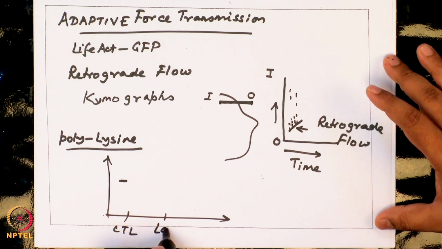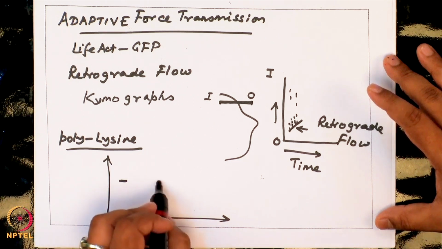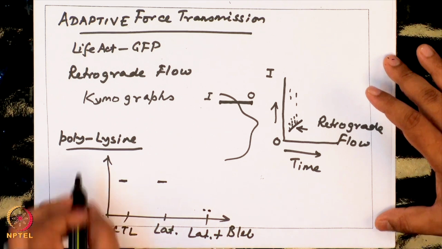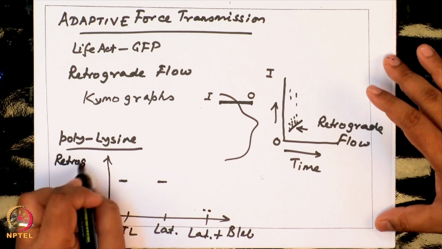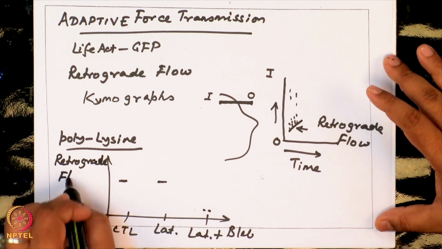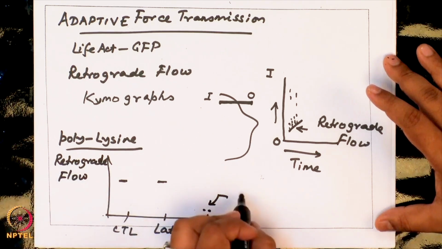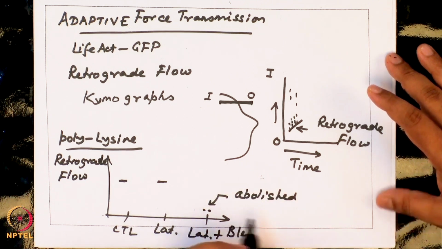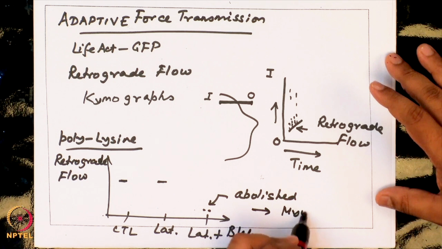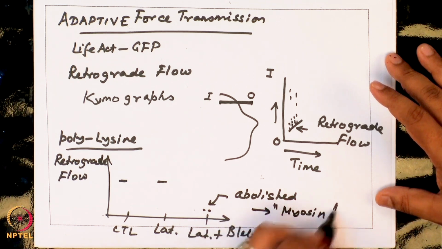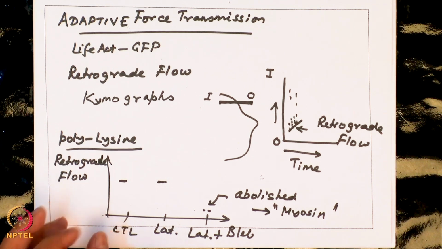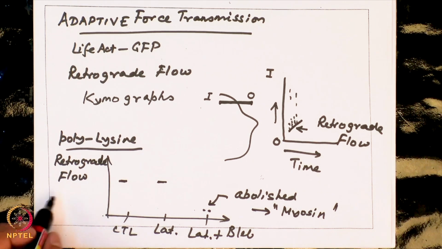When you inhibited polymerization with latrunculin, you had a comparable value, but when you added latrunculin plus blebbistatin, the retrograde flow, this is my retrograde flow axis, was completely abolished, suggesting that you have myosin motors once again, similar to mesenchymal migration, contributing to retrograde flow. This is under adherent conditions.